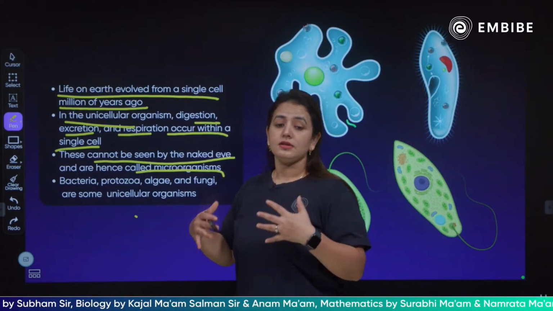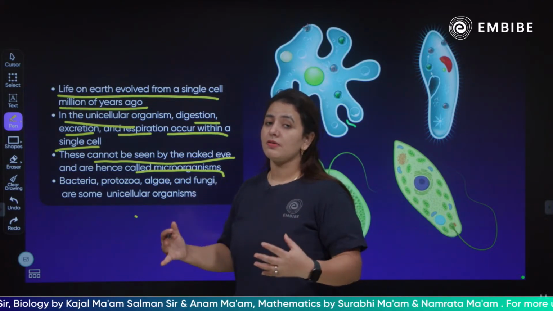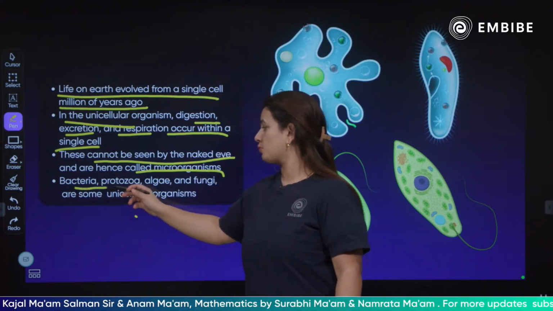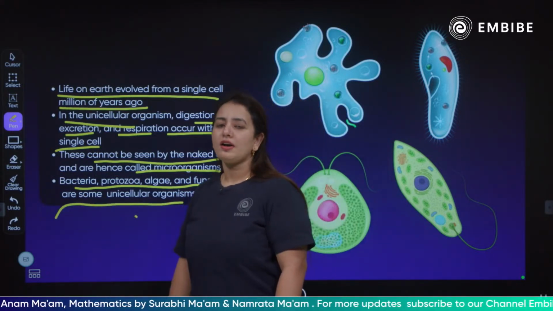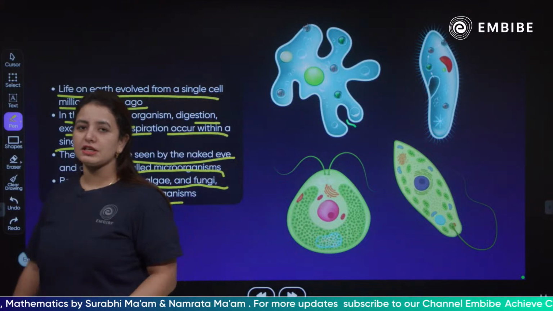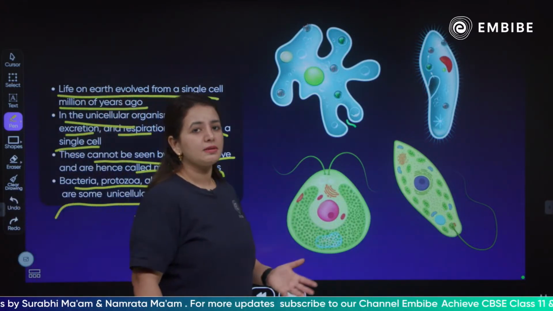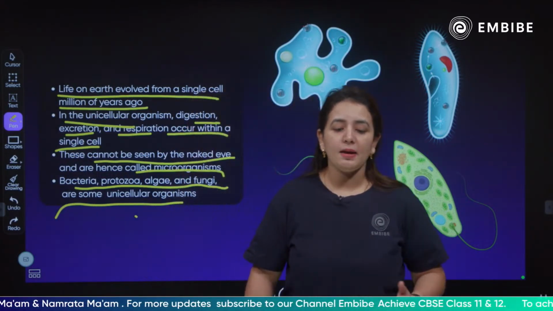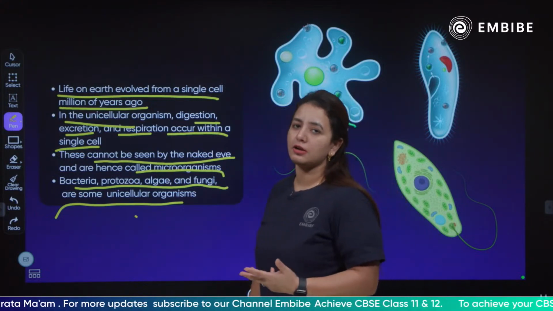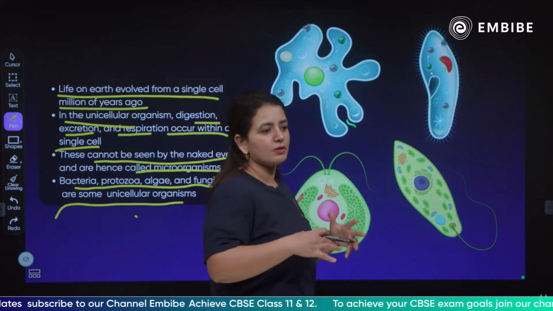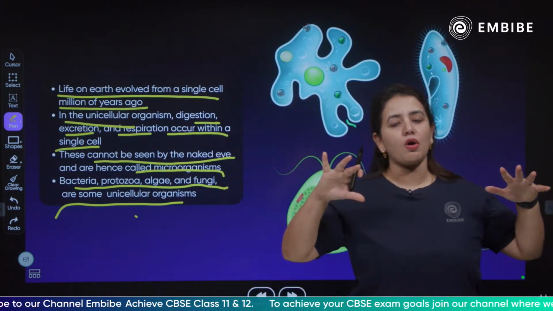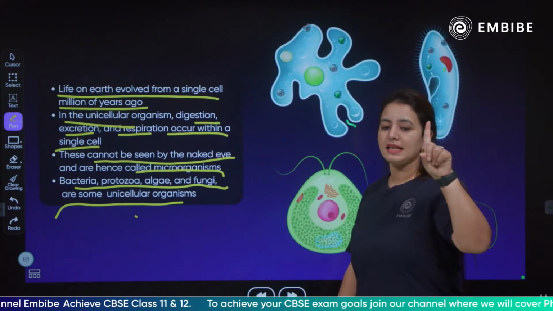Bacteria, protozoa, algae and fungi include some of the unicellular organisms. Among fungi, of course, yeast is the only unicellular organism. The protozoa, algae and bacteria are some of the unicellular organisms existing on our earth, which gave the whole idea of having all the processes in one single cell.